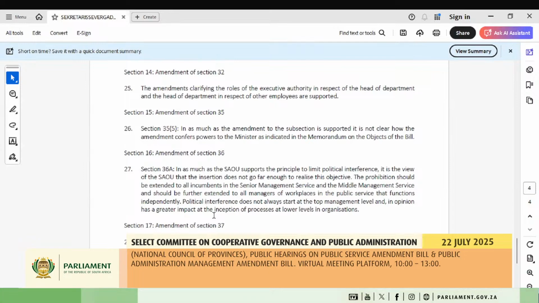We don't think it influences the constitutional rights of the employees, and it's reasonable to expect them not to hold a political office. They can still join a political party. They can merely not be allowed to hold a political office. Thank you, sir. That's all from our side. We don't have any input regarding the former.